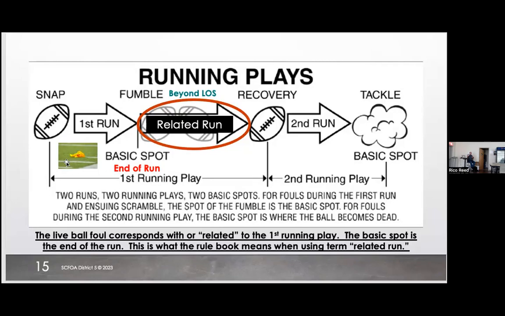Rico's foul is linked with running play number 1. My foul is linked with running play number 2. So you have two live ball fouls by the same team. So we have a multiple foul, and we have to deal with both.